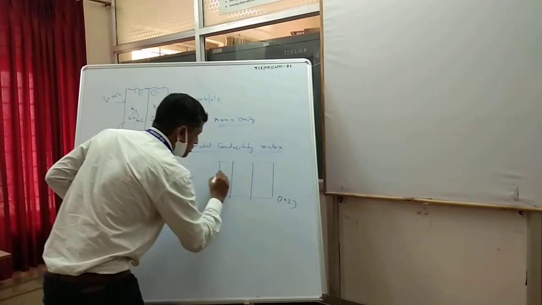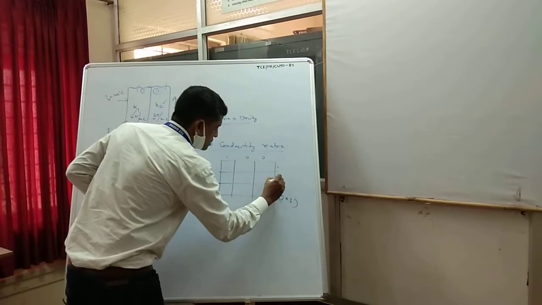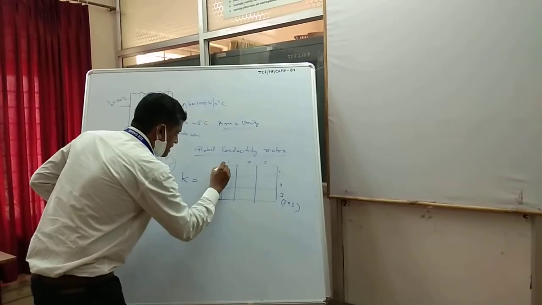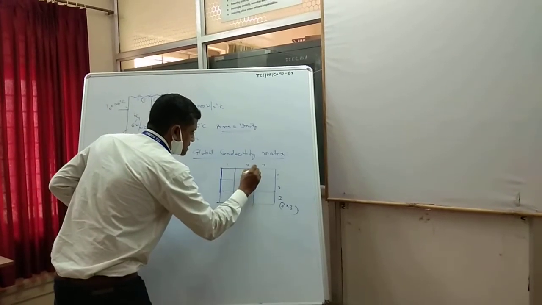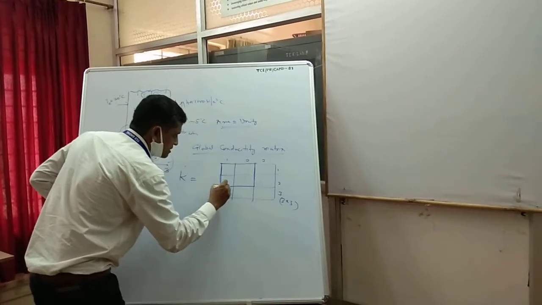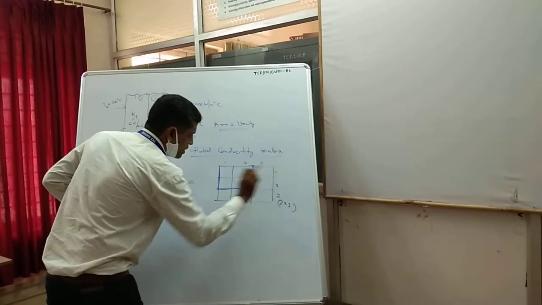You generate 3 rows and 3 columns and write the DOF numbers 1, 2, 3, 1, 2, 3, and let us transfer the K1 matrix, first element conductivity matrix, to this box having DOF numbers 1, 2, 1, 2.